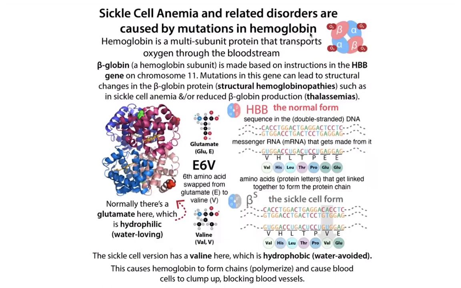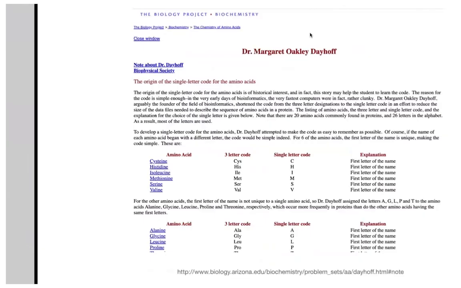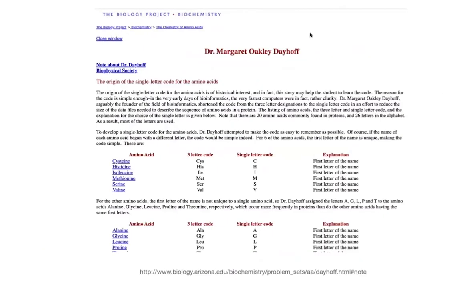And so we'll see examples like this, where I expect you to be able to recognize the codes so that you can recognize the implications. And in order to recognize the implications, you don't just need to know the codes, you also need to know the properties of the amino acids. So we'll talk about both the codes and their properties.